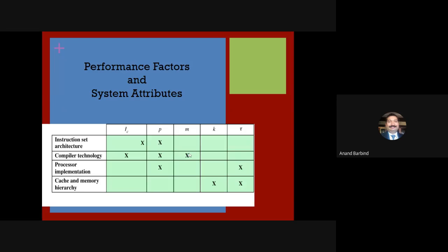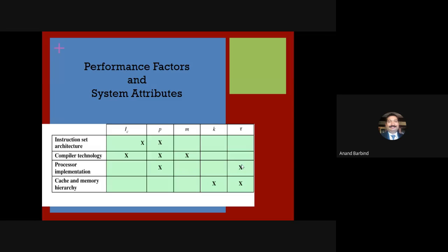Or you may be using different types of algorithms for the execution of the programs, and how these are used in a particular computer is going to affect the speed of execution of a particular program. So IC, M, K, tau, all these are the parameters which affect the speed of execution of the program. The processor implementation, so the parameters P and tau, is going to affect that.